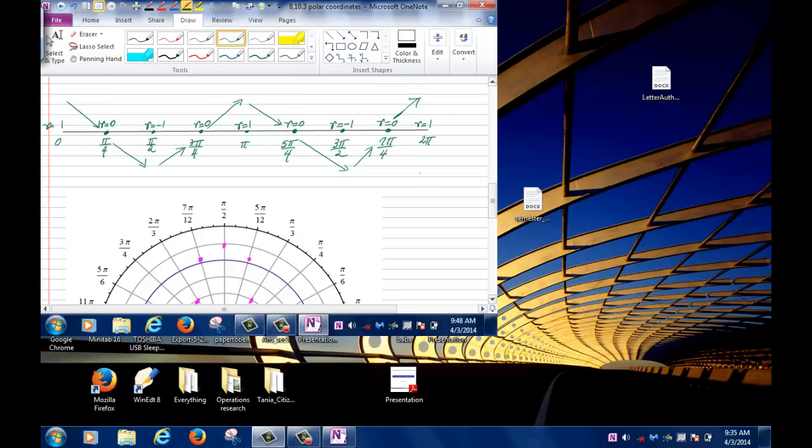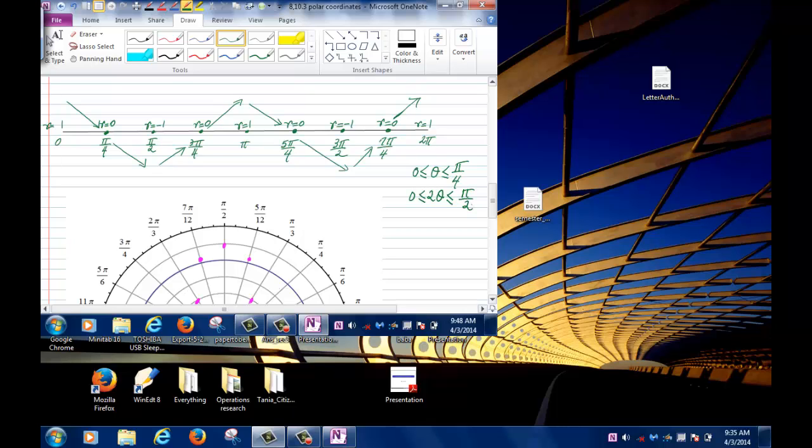If theta is between 0 and pi over 4, what is happening to 2 theta? As theta varies from 0 to pi over 4, 2 theta varies from 0 up to pi over 2.